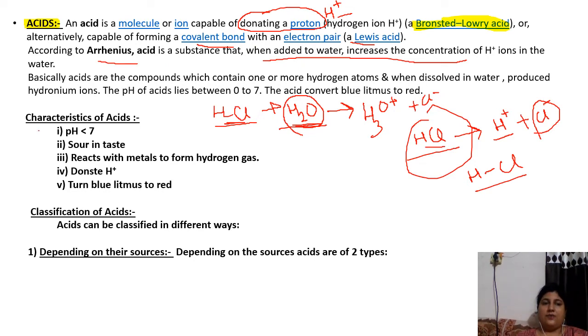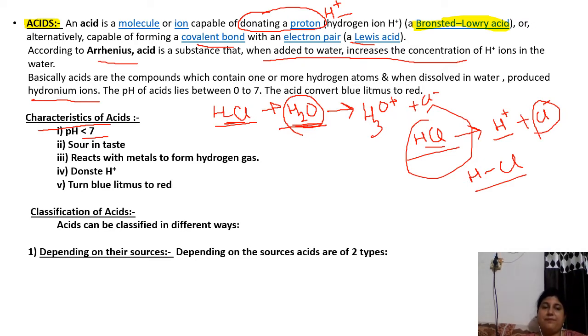Now, what are the characteristics of acids? Usually, acids are the substances which contain hydrogen ion, and on reacting with water, they lose it. On reacting with water या on dissolving in water, they produce hydronium ion, that is H3O+. The pH of acid is always less than 7. ठीक है? जितना minimum acid का pH होगा, the acid will be more strong.